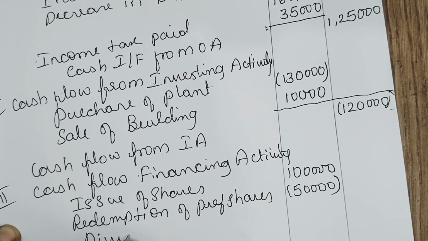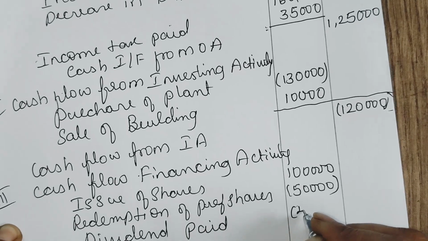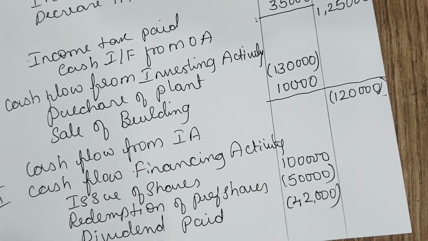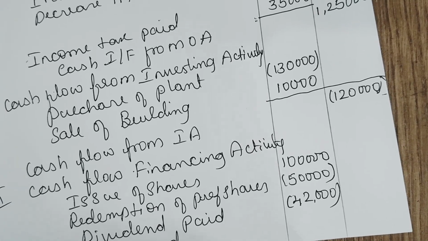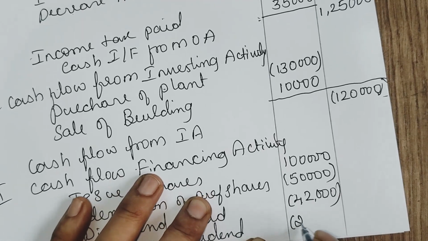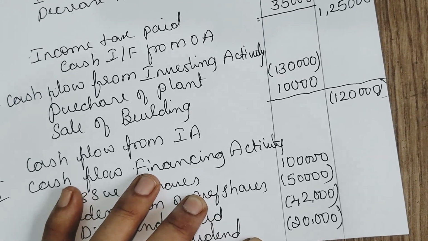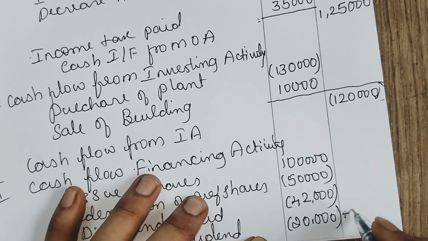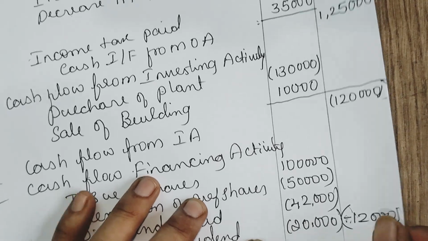Dividend paid 42,000. Interim dividend 20,000. 1 lakh minus 50 minus 42 minus 20 is minus 12,000.